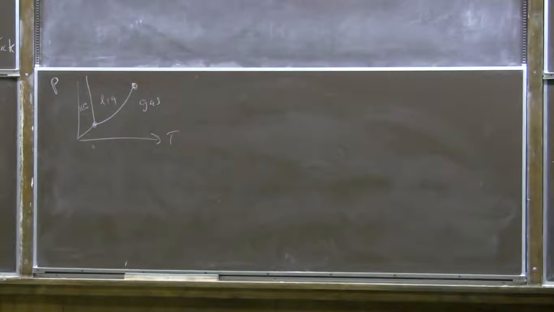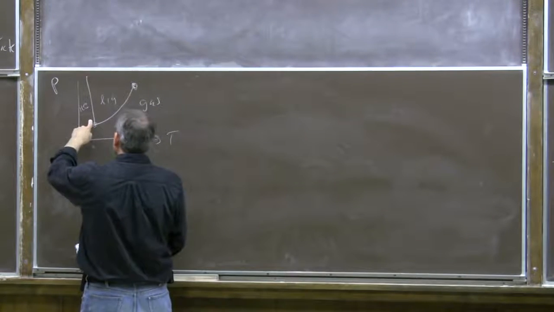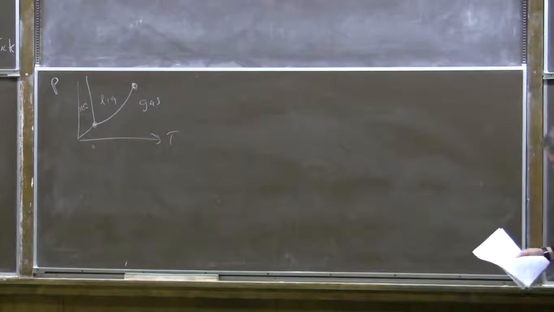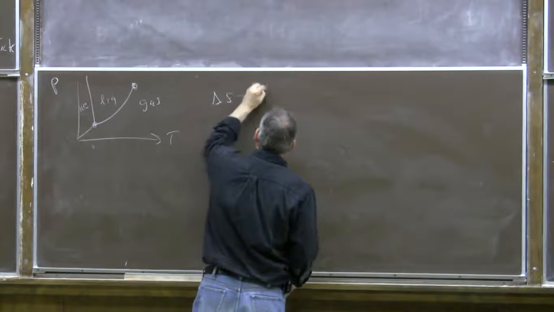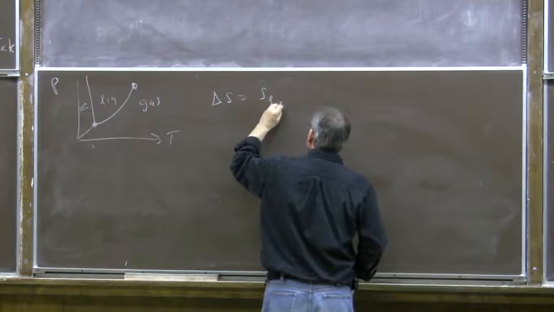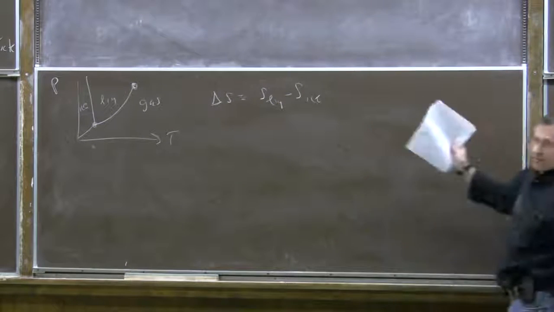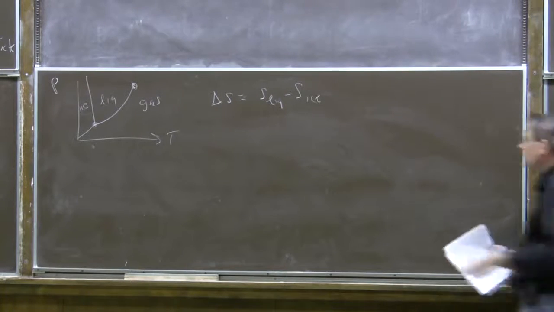Now I've drawn the coexistence curve between the ice and liquid water as having a negative slope, a negative dp d tau. Let's see, does that make sense? So now we're talking about delta S, the difference between the entropy of the liquid and the entropy of the solid, namely ice. Now, is that positive or negative? Right, we have to add heat to melt ice, right? So it's positive.